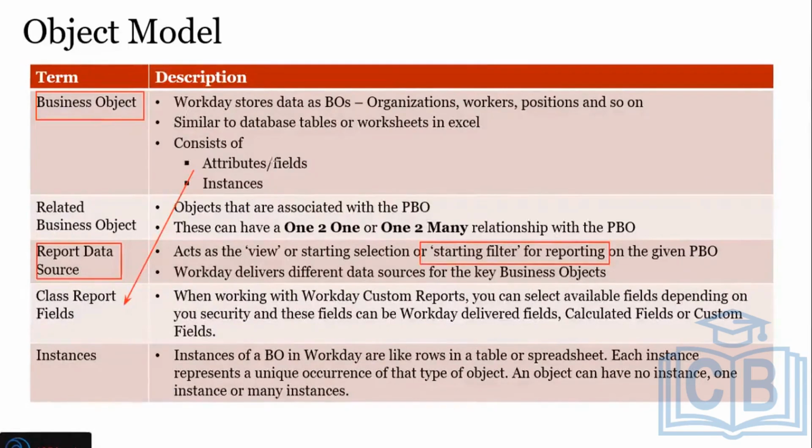Each business object is a collection of fields. Workday has given us a lot of delivered fields. But then we can also create our own custom fields or calculated fields.